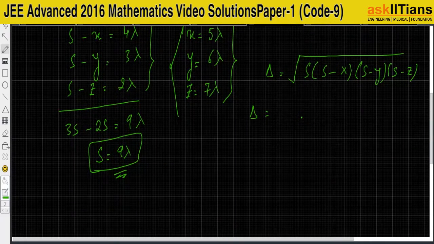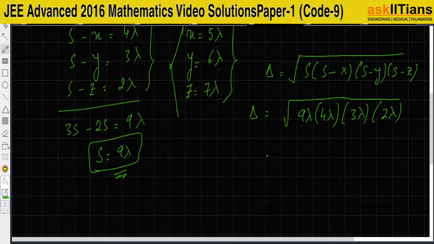S is 9 lambda. 9 lambda into s minus x is 4 lambda, s minus y is 3 lambda, and this is 2 lambda. So find out the square root of this quantity. That will be, from here I get 3, this is 2, 3 to the 6, 6 root 6 lambda square.